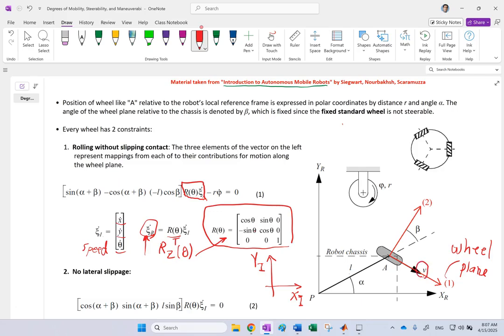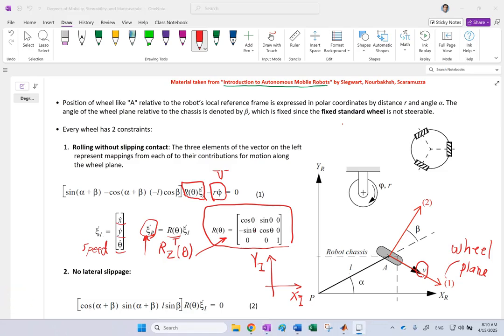And this v, as you know from rolling without slipping, should be equal to r phi dot. So we want to compare this xi dot r with v by some projection, and of course they should be equal along both axes. So let's see what we can get.